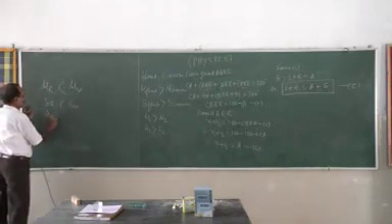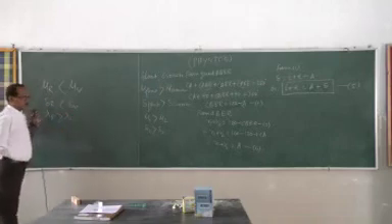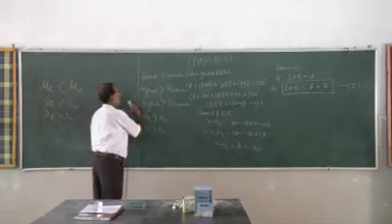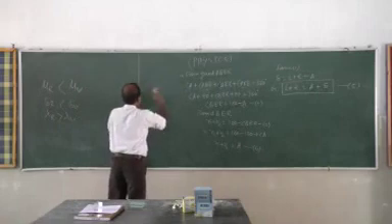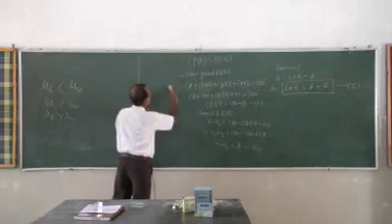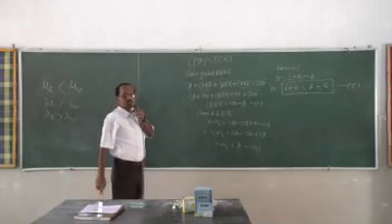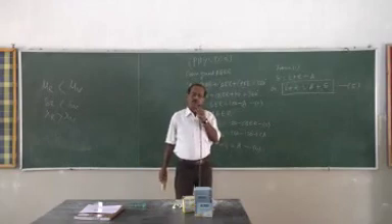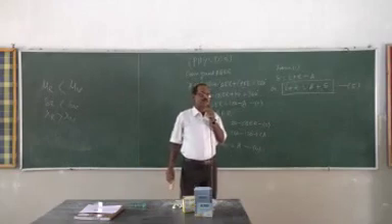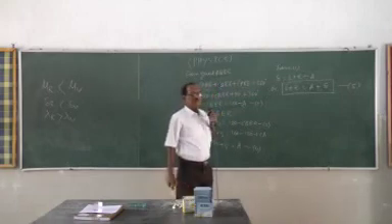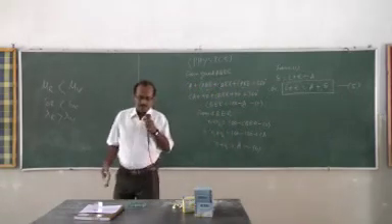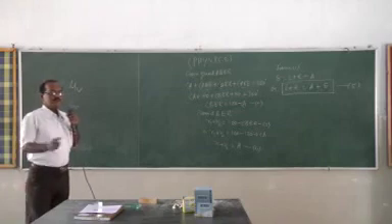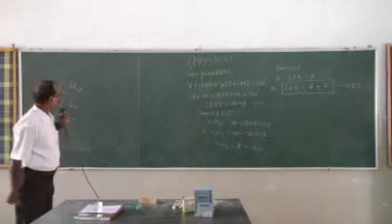Also we know lambda r is greater than lambda v, that is, the wavelength of red is greater than the wavelength of violet. So more wavelength, less will be the angle of deviation. Less wavelength, more will be the angle of deviation. For violet color, wavelength is less, so its deviation is more.